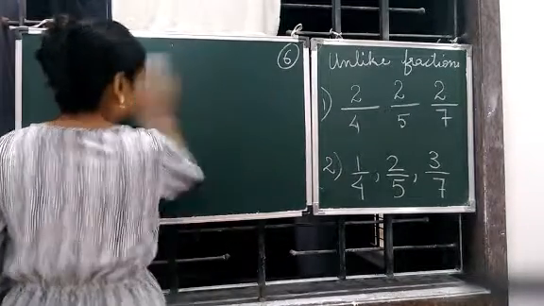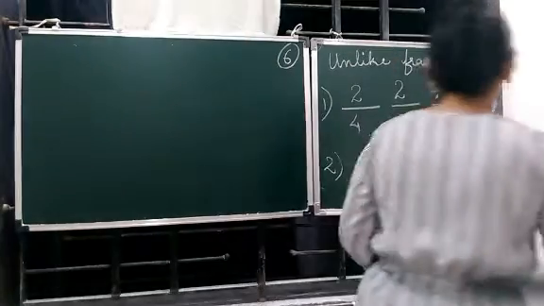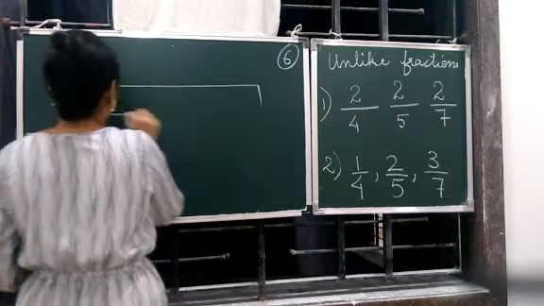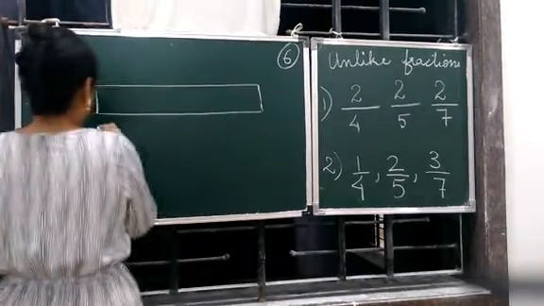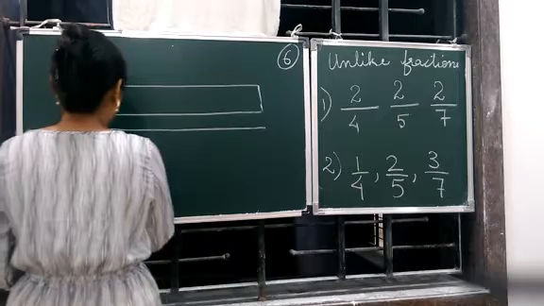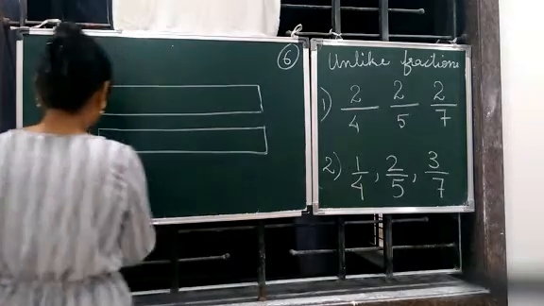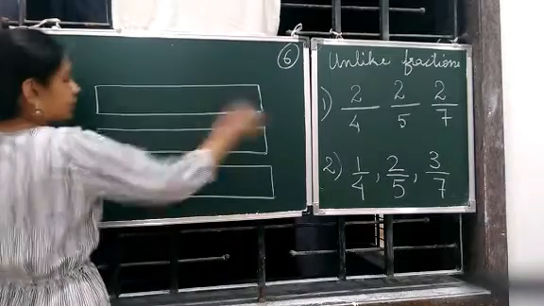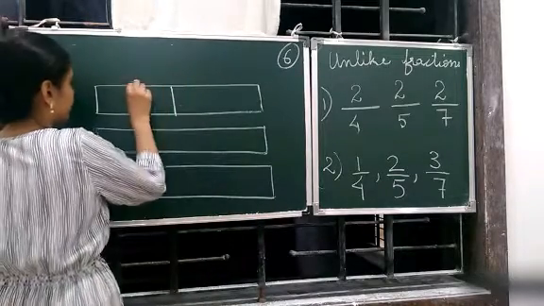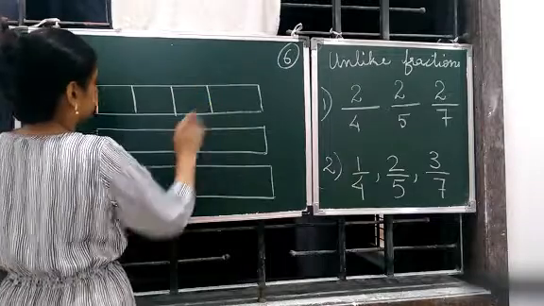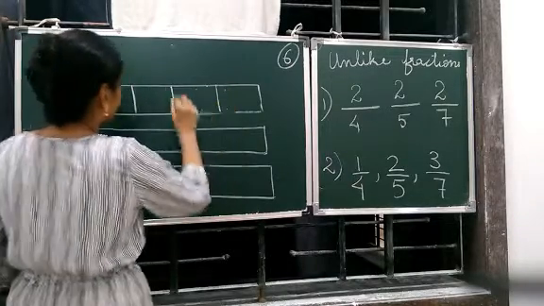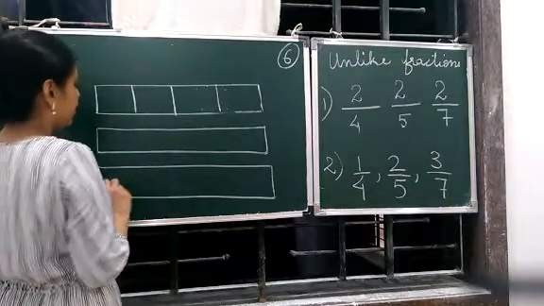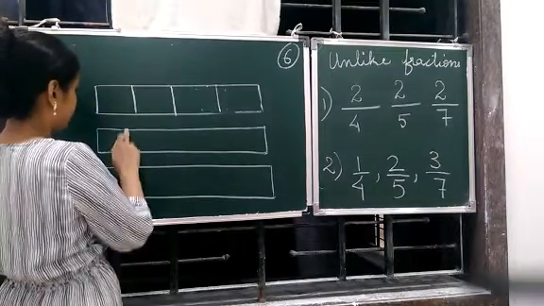Let's take a figure. The figure is divided into 4 equal parts. It is not exactly 4 equal parts. Children, just believe that it is 4 equal parts. Okay. Then 5 equal parts.